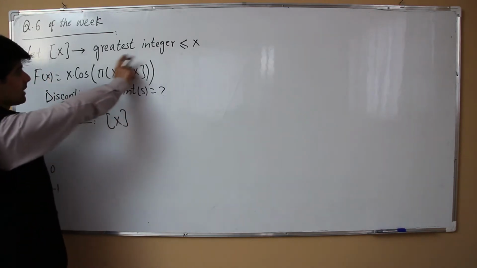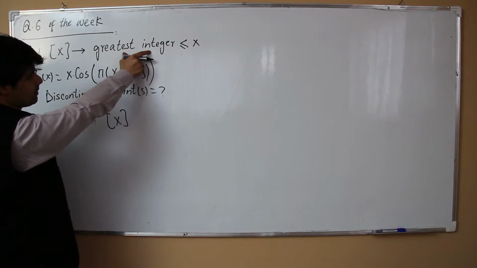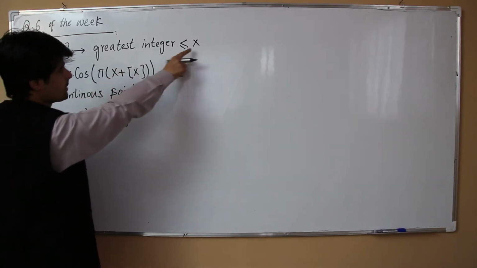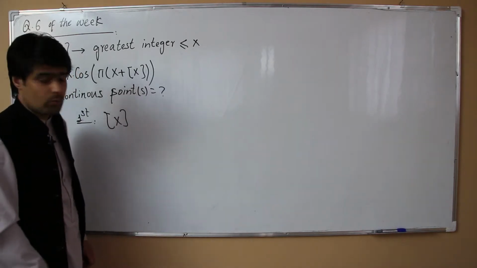The greatest integer function. The condition given is that it is the greatest integer equal to or smaller than x. What does it mean?